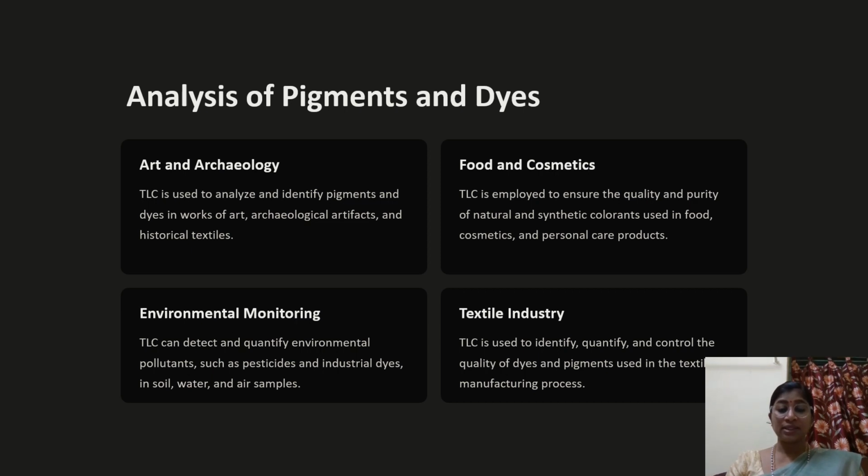TLC can detect and quantify environmental pollutants such as pesticides and industrial dyes in soil, water, and air samples. TLC is used to identify, quantify, and control the quality of dyes and pigments used in the textile manufacturing process.